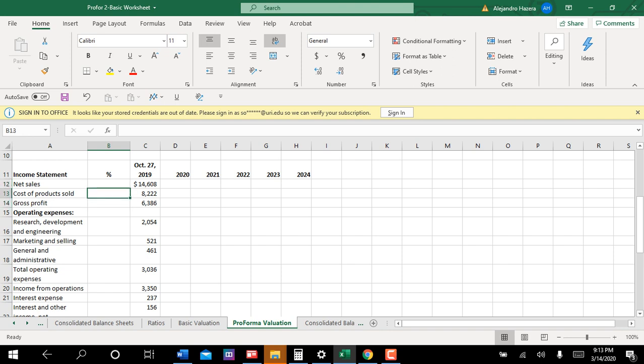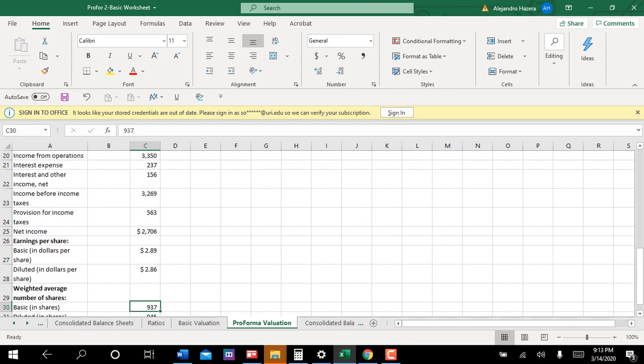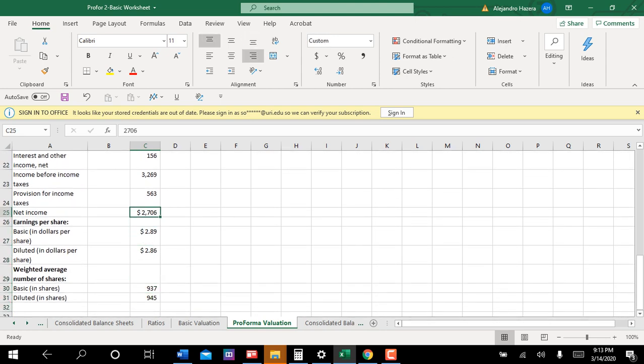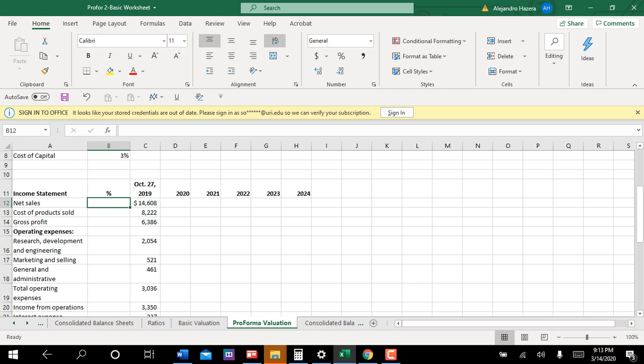So I'm going to put the percentage for every number for the year 2019, every one of these monetary numbers, including expenses, subtotals, everything except earnings per share. That wouldn't make sense. Everything in the income statement itself, I'm going to measure as a percentage of sales. And that's why I moved all the cells to the right.